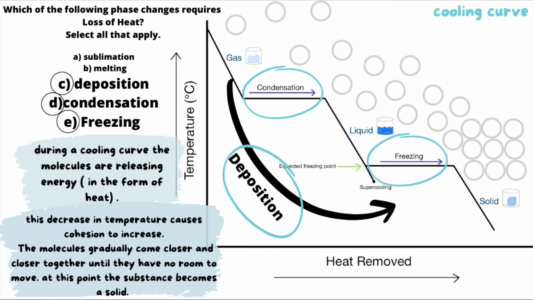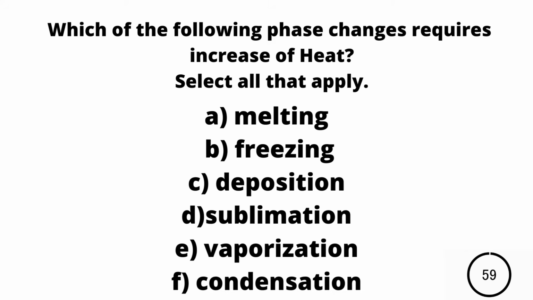So just remember, as these molecules are going from a gas to a liquid to a solid, most important, you need to remember that they are releasing heat, and this release in heat is decreasing the temperature and increasing cohesion between them. Question number 4, which of the following phase changes requires increase of heat? Select all that apply.